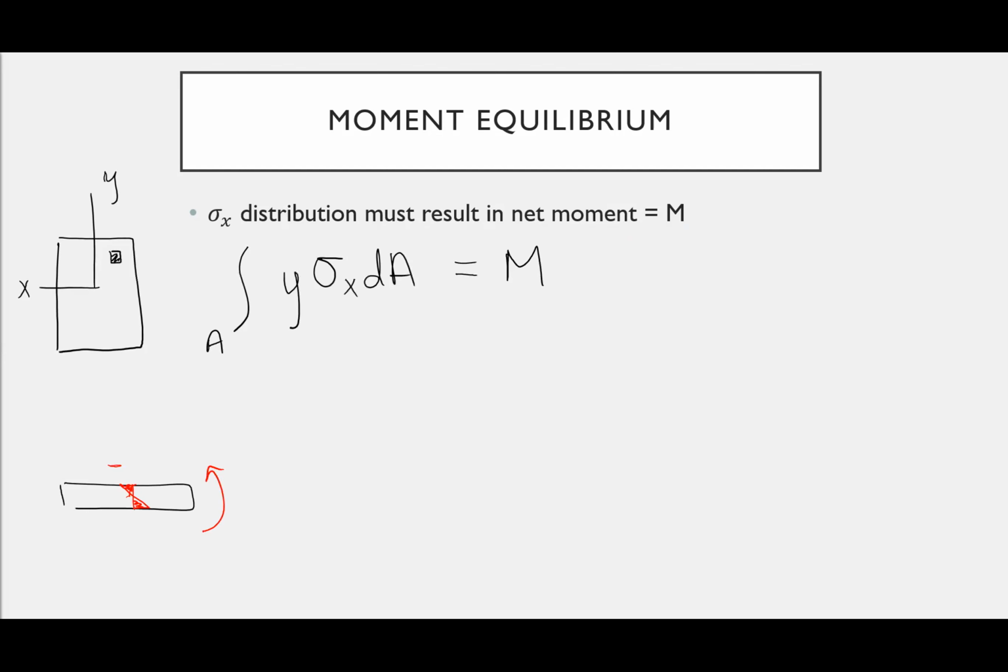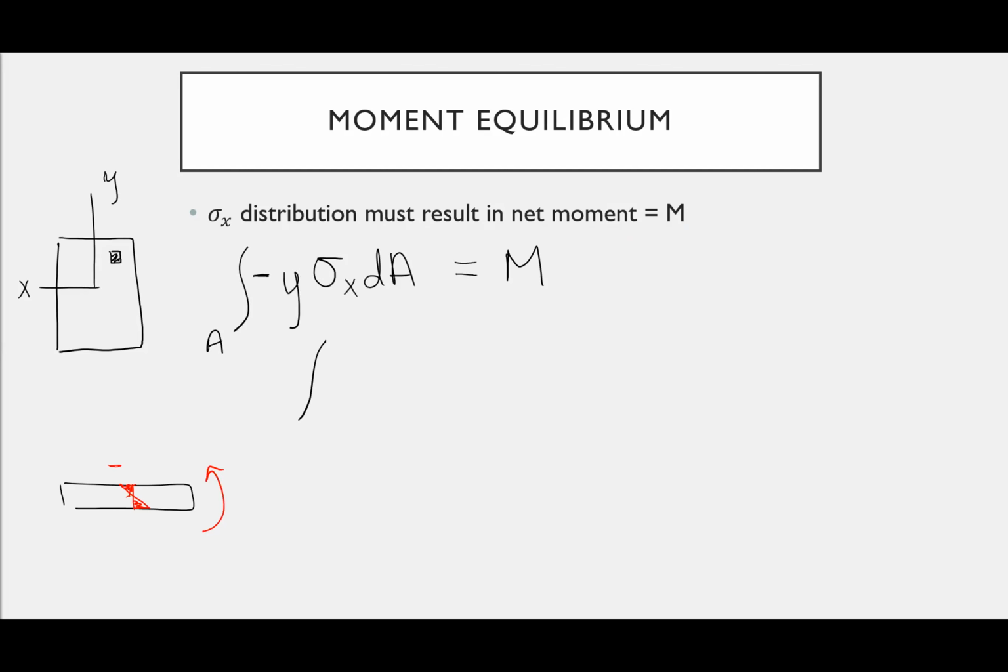That compression is coming from a positive moment. So we need to sneak in this little negative sign. The sole purpose of that negative sign is to get the two different sign conventions to work together. The sign convention for what we call positive and negative moment, and the sign convention for what we call positive and negative stress. Right? So this negative sign makes everything work nicely.